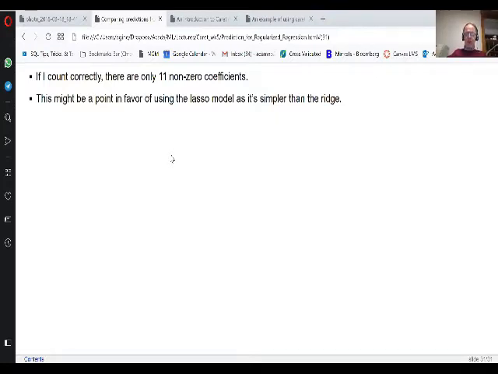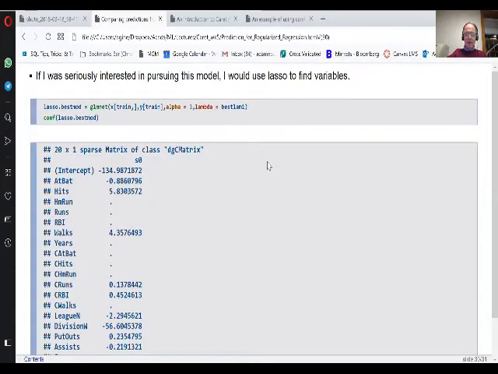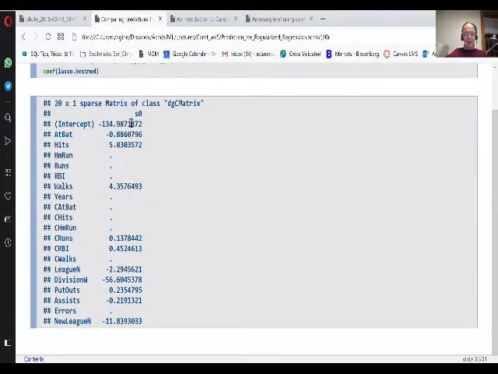Roy, what are the coefficients? Can we see the ones that were non-zero again? Sure. That's interesting. Bats, hits. What's most interesting to me, as someone who knows a little bit about baseball, is that home runs is important. So hits and walks. Incidentally, I walk a lot, you don't strike out a lot, I guess.